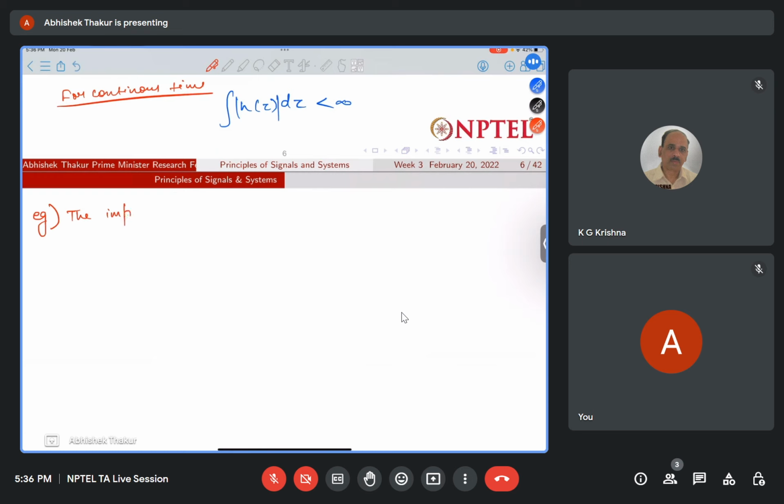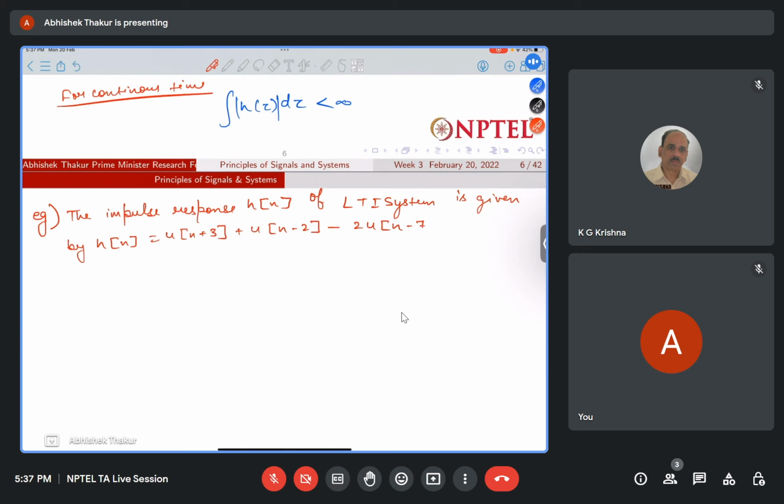The impulse response h[n] of a linear time-invariant system is given by h[n] equals u[n plus 3] plus u[n minus 2] minus 2u[n minus 7], where u[n] is the unit step function.